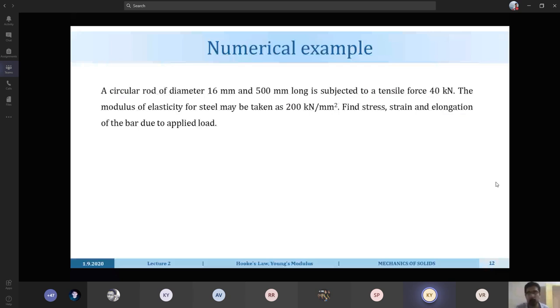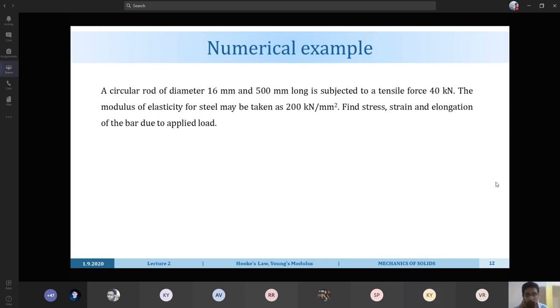Others can also calculate. So 1591.54 Pascal. Okay. And what about the strain and elongation?